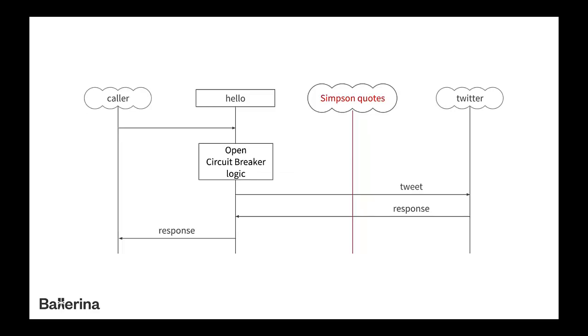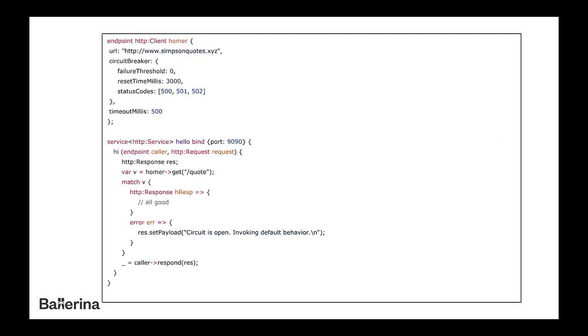This is that scenario. So when we are calling Simpson Courts, if there's an outage here, what we do is our circuit basically trips, and the circuit basically goes to an open state. Then we don't go to the external endpoint, rather we stay at our service itself and do some logic there. And after a while, we can retry the service later.